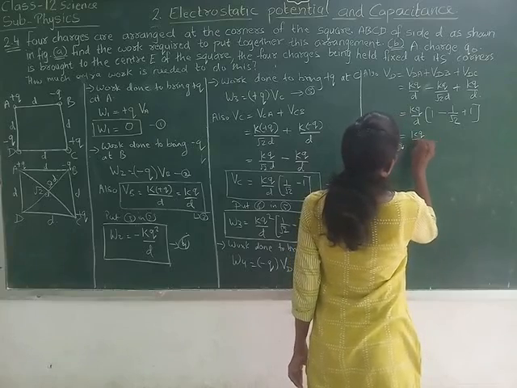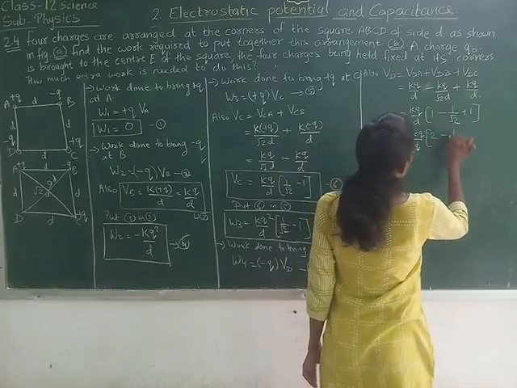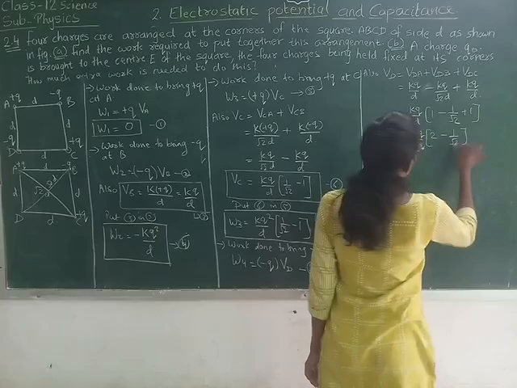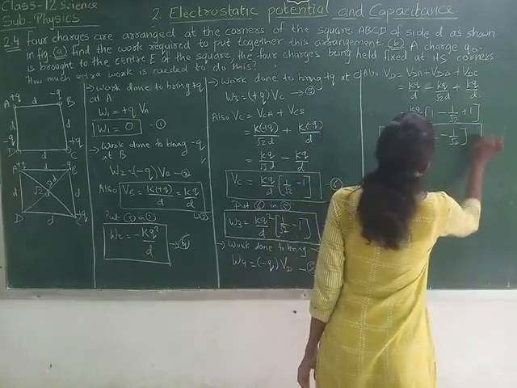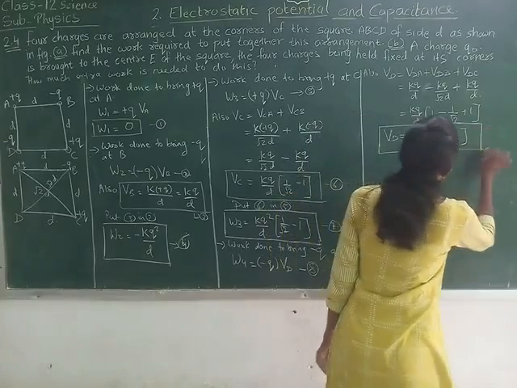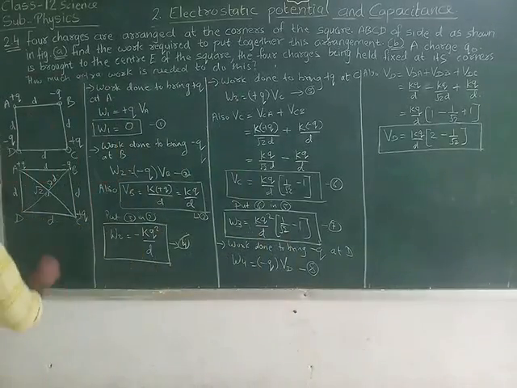So KQ by D, here 1 plus 1, that becomes 2 minus 1 upon root 2. So this is V. So work has been done to bring the charge minus Q at D.